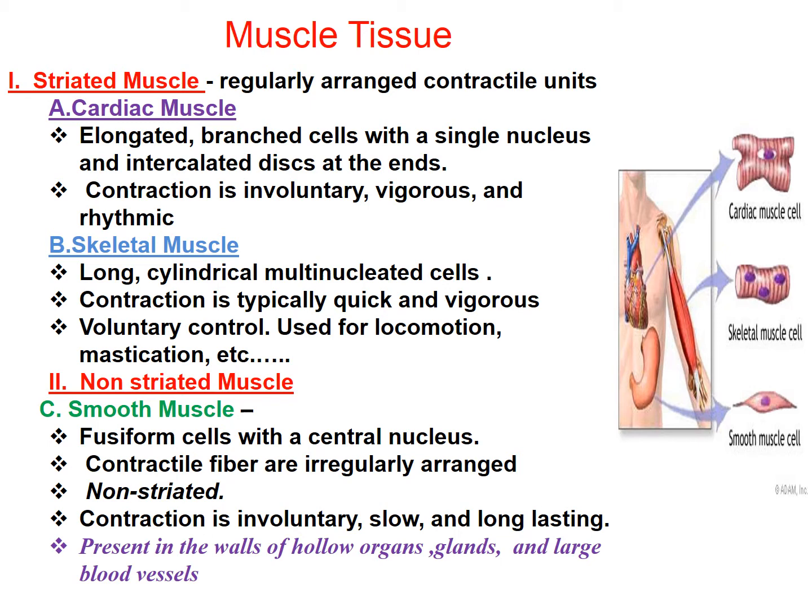We divide striated muscle into two types: cardiac muscle and skeletal muscle. Cardiac muscle is characterized by fibers that are elongated, branched cells with a single nucleus, as we see on the right of the slide in this picture, with intercalated discs at the end.